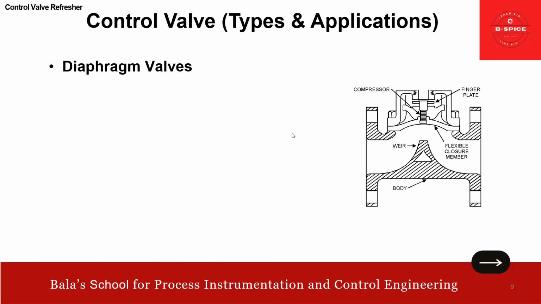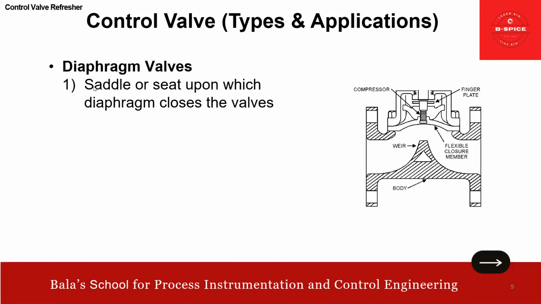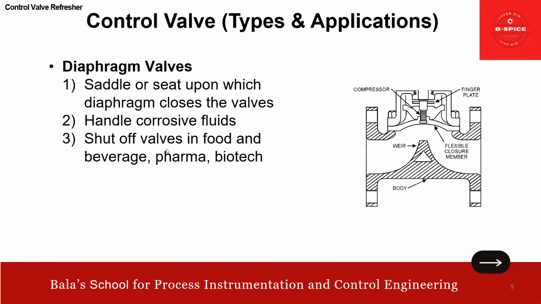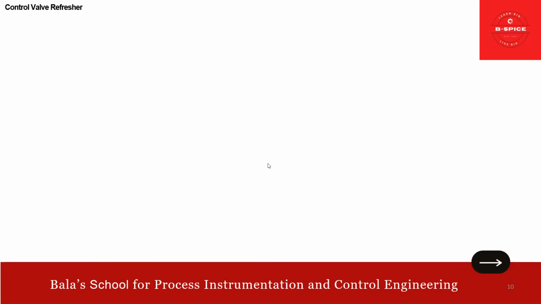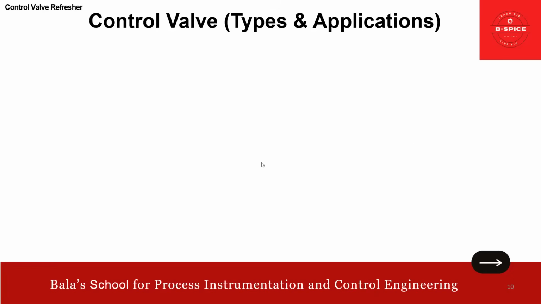So this is the application and function of this diaphragm valve. As I said earlier, the saddle or seat is what the diaphragm closes on. Then it handles corrosive fluids and is used for shut-off applications, and predominantly found in food, beverage, pharma, and biotech industries. That's about the diaphragm valve.